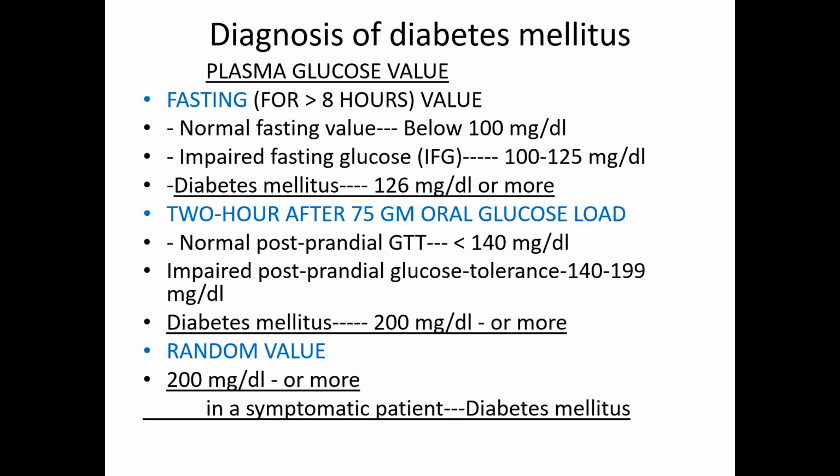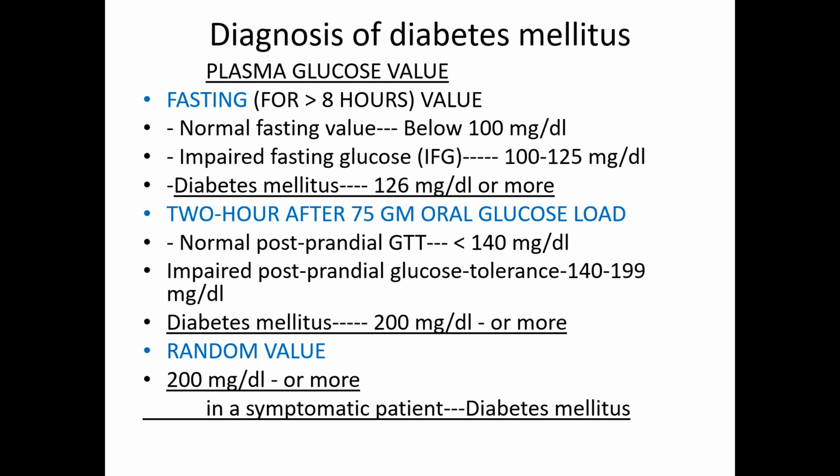The morning sample after overnight fasting should be below 100 milligrams per deciliter. This is the normal fasting blood glucose value, about 70 to 100 milligrams per deciliter.